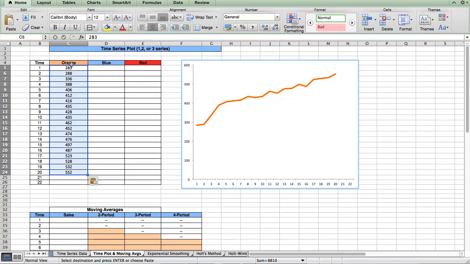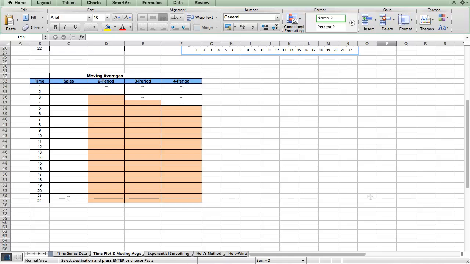Also, we might see a little bit of seasonal variation, but it's definitely not a clear seasonal pattern. So one method that we have for forecasting is called the moving average. And this is a very simple method because all we're doing is looking at a certain number of time periods and computing an arithmetic mean.